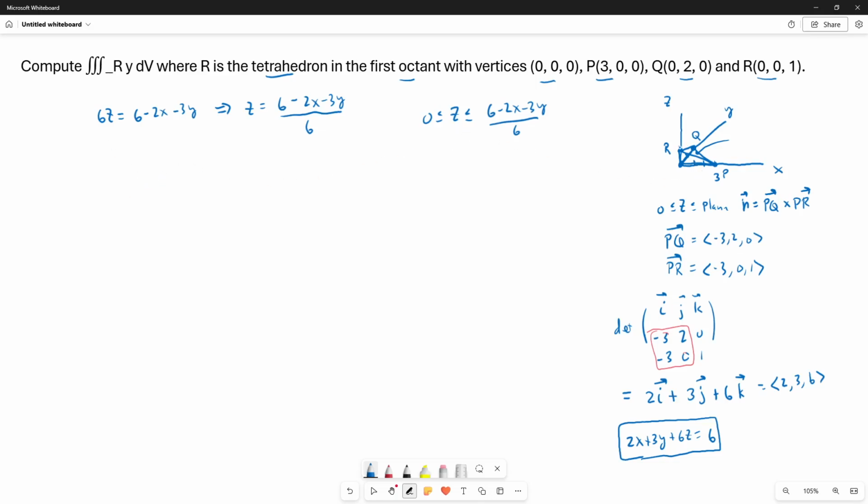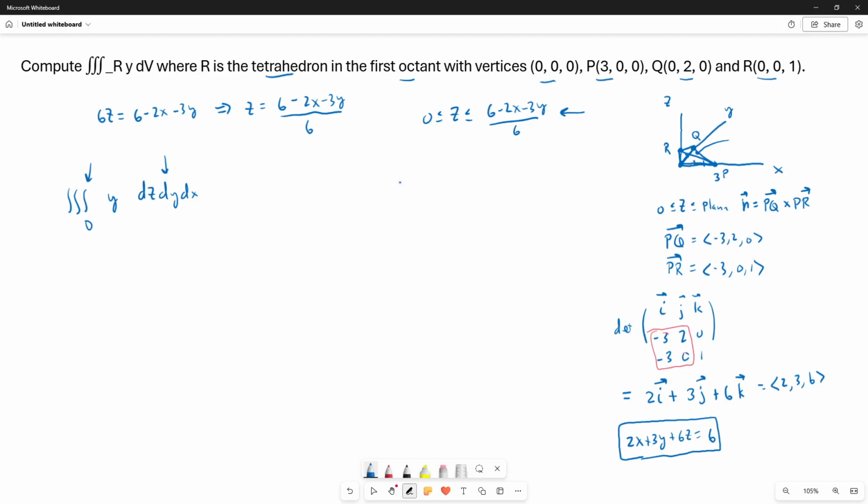Now let's suppose we want to integrate dz, dy, dx. z will go from 0 to that number for any fixed x and y. And now let's figure out y. So for that, we'll have to look at the base of the tetrahedron that's in the xy plane.